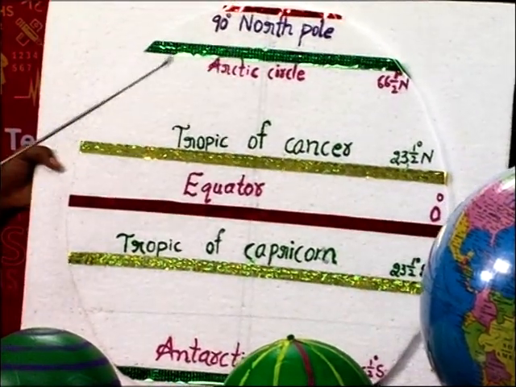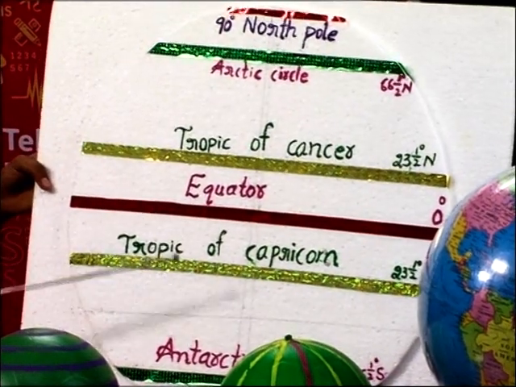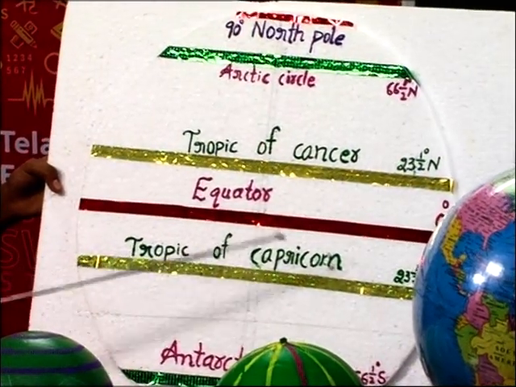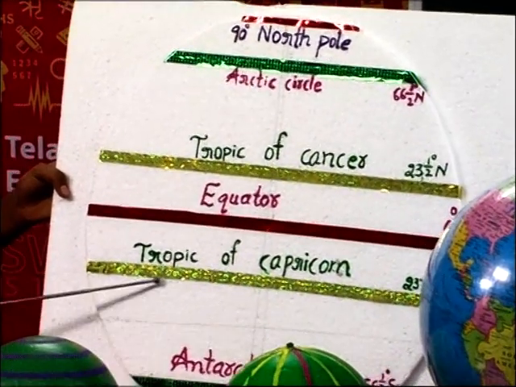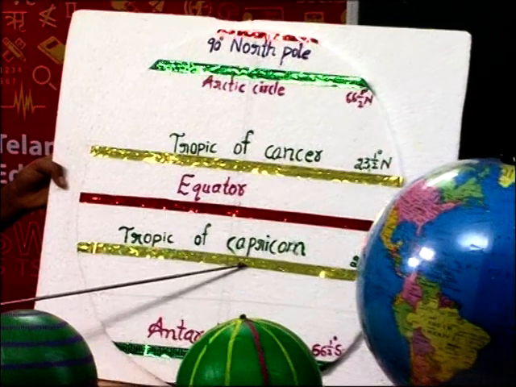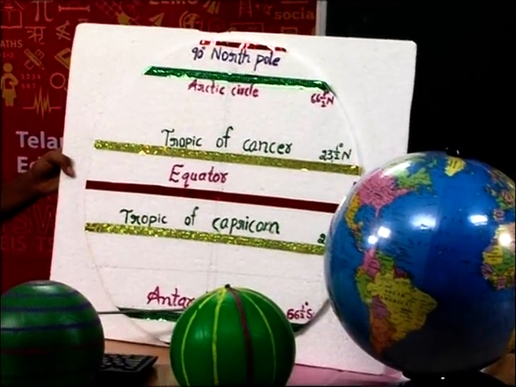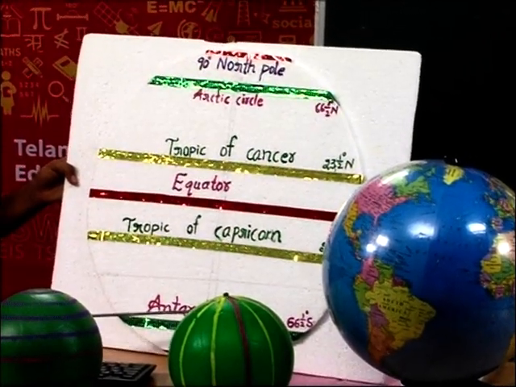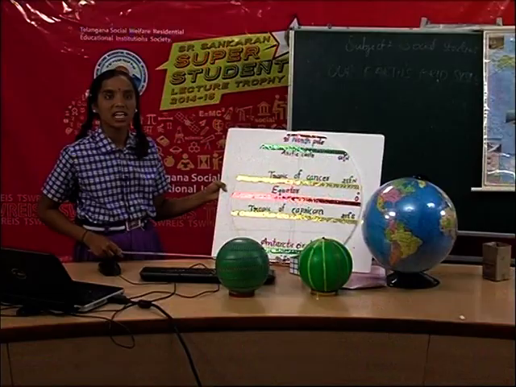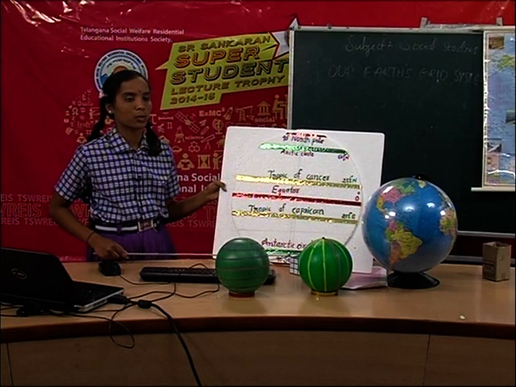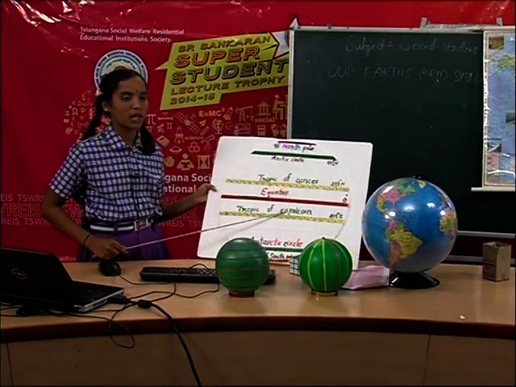Let us come to the southern hemisphere. This is the 23½ degrees southern latitude, which is named Tropic of Capricorn. Another latitude is 66½ degrees southern latitude, which is named Antarctic Circle. And finally here it is 90 degrees South Pole. Friends, these are the special names of the latitudes.